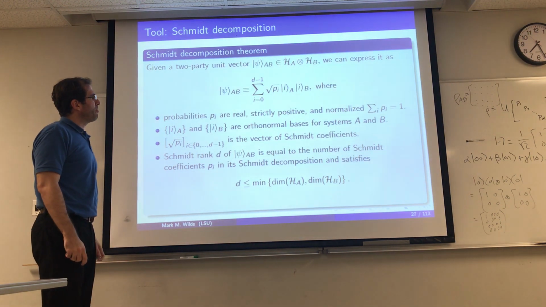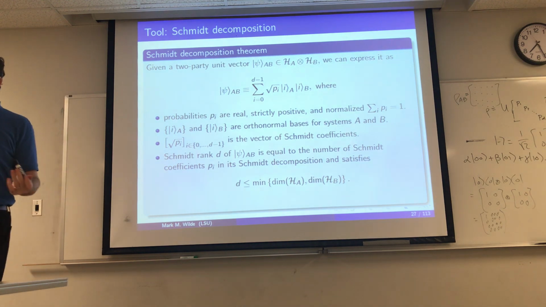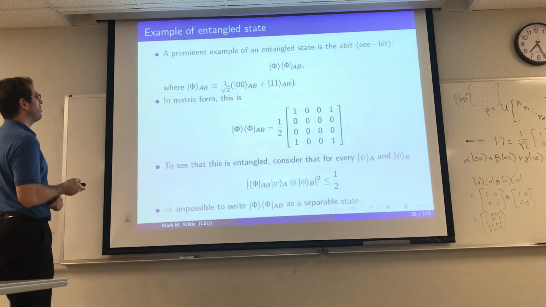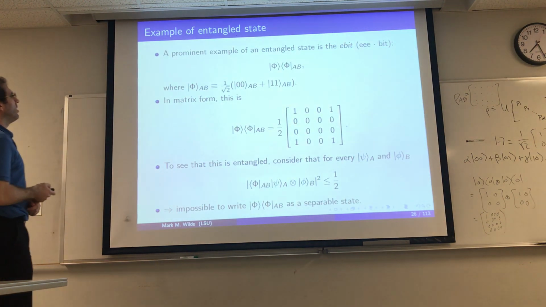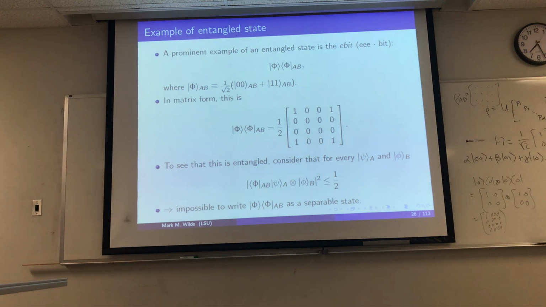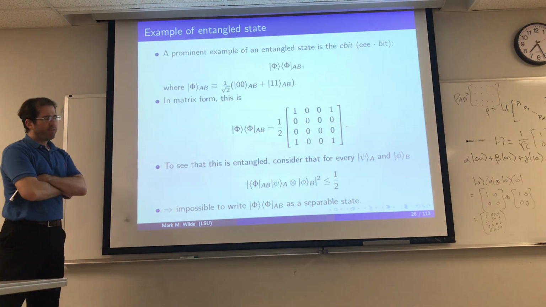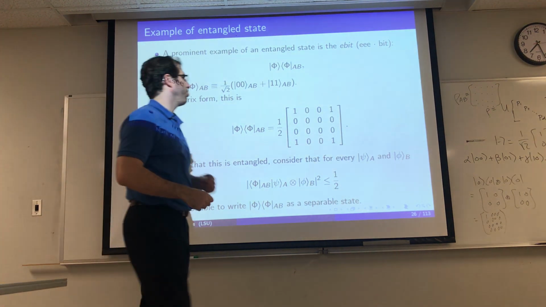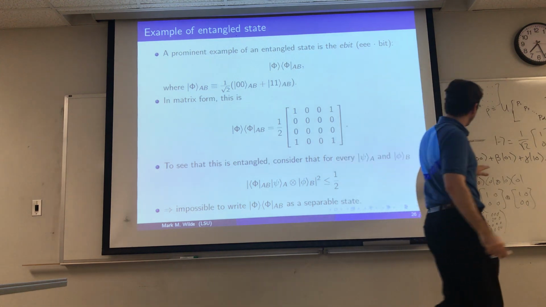For the maximally entangled state, what's the Schmidt rank? It's 2, right? Because you have these 2 coefficients, right? We wrote it. Yeah, we wrote it here. And you have those 2 Schmidt coefficients, right? So previously, we wrote alpha, beta, gamma, delta, right? We wrote this right here, and you see 4 numbers.